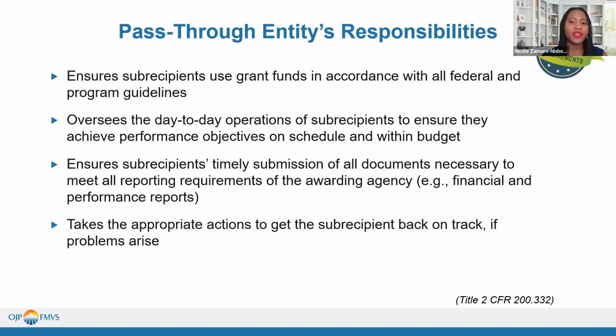For example, their financial reports, their performance reports, and things along that line. And finally, you must take the appropriate action to get your subrecipient back on track if problems arise. An example for this would be a corrective action plan because they are not spending within budget, or they're incurring costs that are unallowable. Next slide, please.